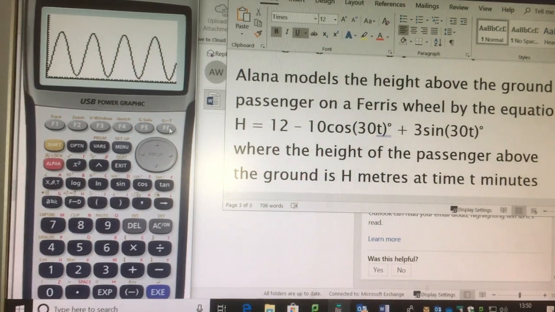Cool. Anybody else need help drawing the graph?